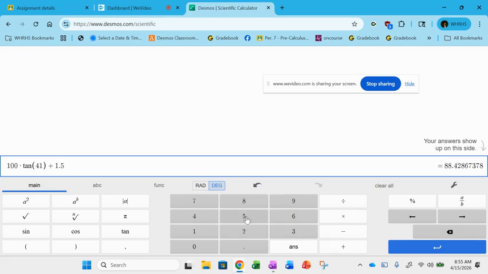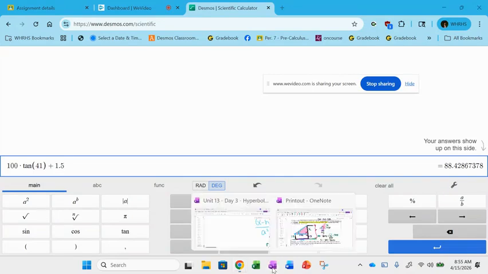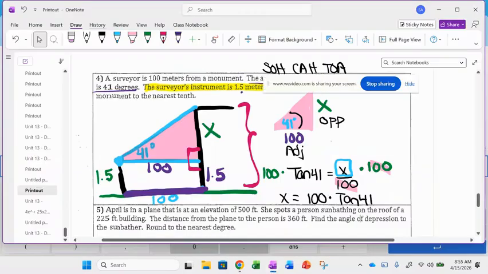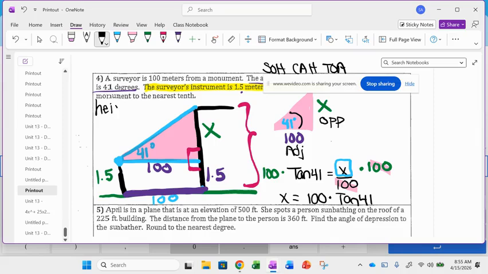And now, is this your answer? Yes. And so your answer is 88.42. If we're rounding to the nearest tenth, it's 88.4. So we're going to say the height is 88.4 meters. And that's our answer.